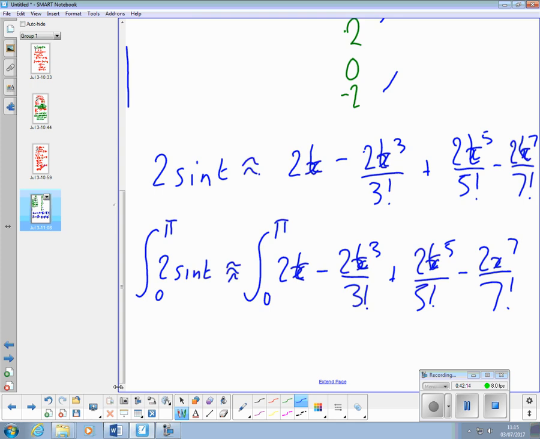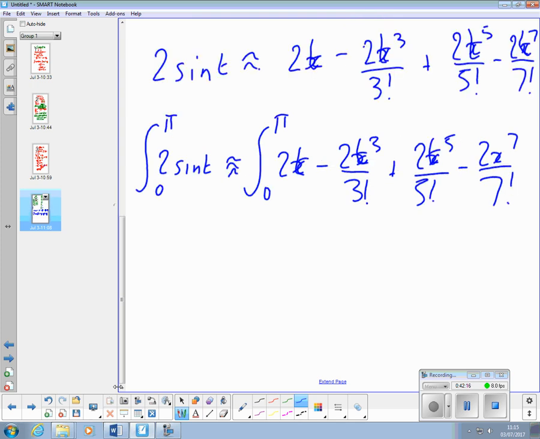When we integrate these, because they're plus or minus, we just integrate each part in turn. So when we integrate 2t, what's the index here? t to the 1.